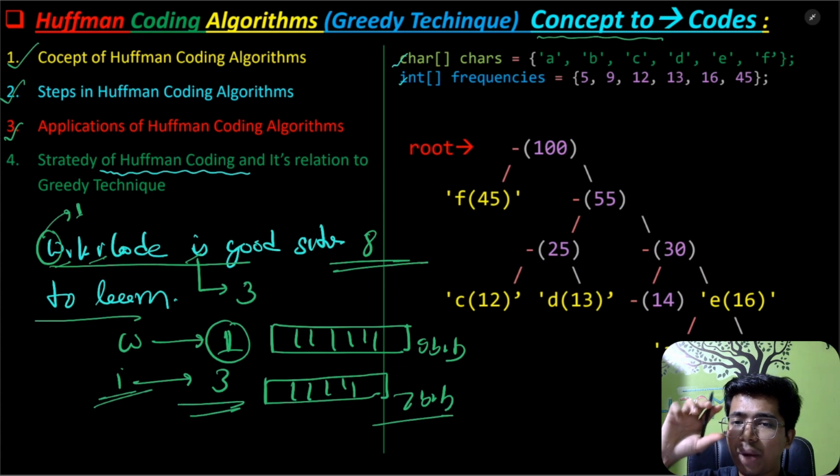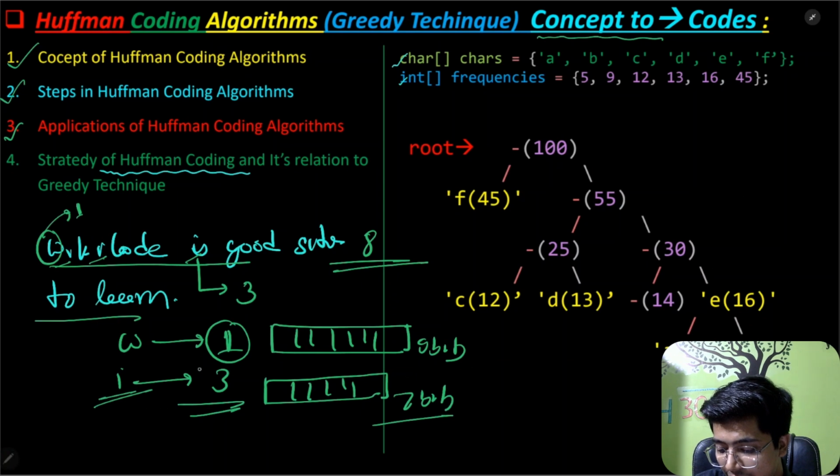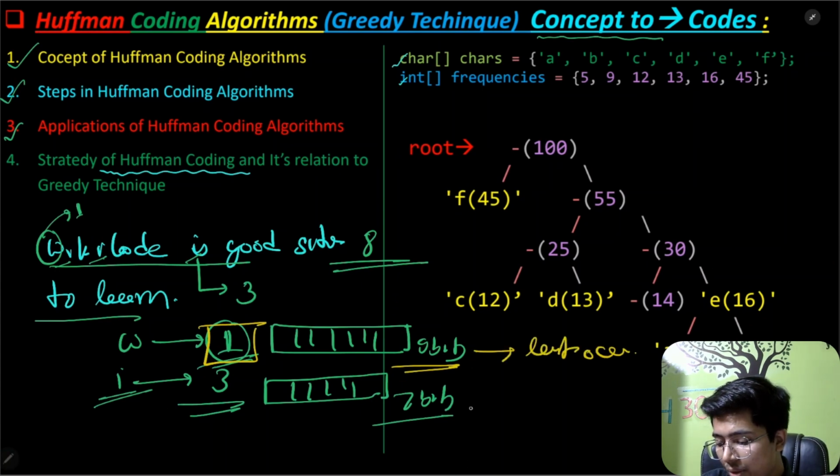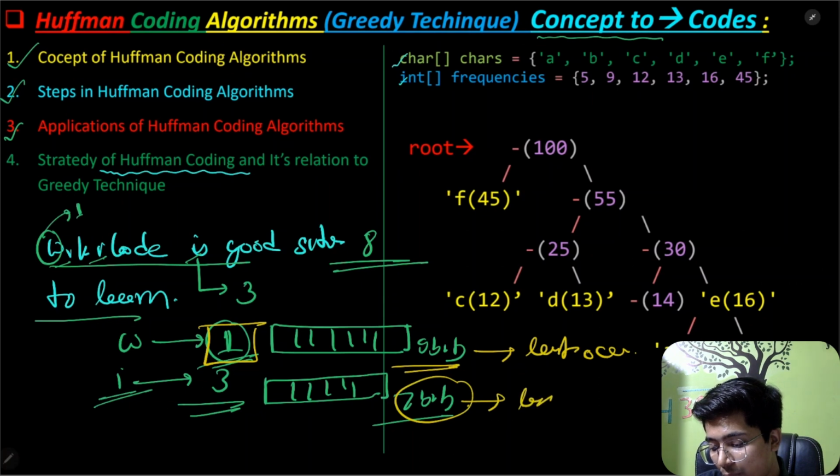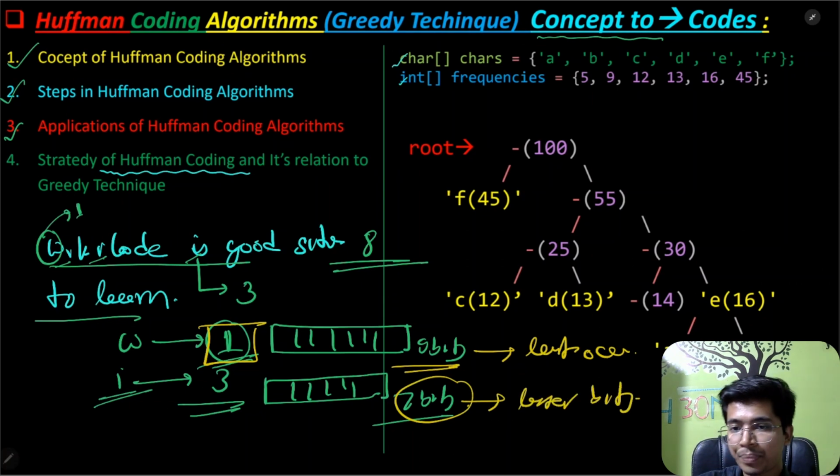We try to compress the data by providing a greater number of bits to the one which has the least frequency, the least occurrence, and to the one which has the highest frequency, we provide the lowest number of bits, that is, fewer bits.